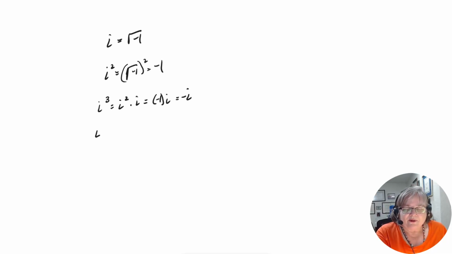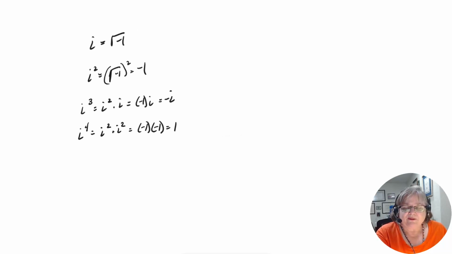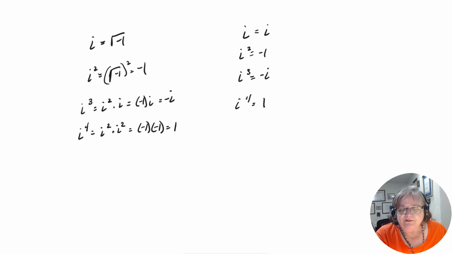And i to the fourth is i squared times i squared, which is negative 1 times negative 1, which is positive 1. Okay, so what I've got is i equals itself. i squared is equal to negative 1. i cubed is negative i, and i to the fourth is positive 1.